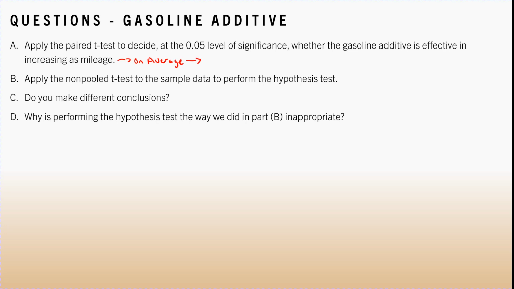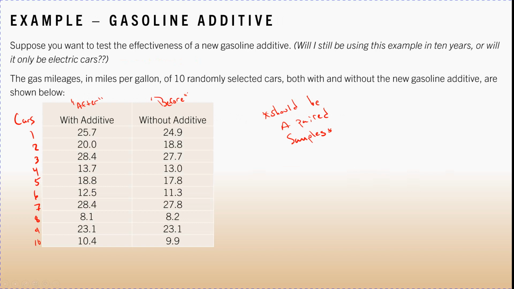Then I want to apply the non-pooled t-test to the sample data, perform the hypothesis test and make a conclusion, see if you make different conclusions, and then talk about why performing the test the way we did in part B is inappropriate. Let's take this data and run it through the 5 steps of the hypothesis test and see if the additive does improve miles per gallon on average.